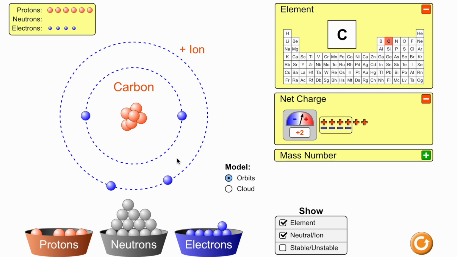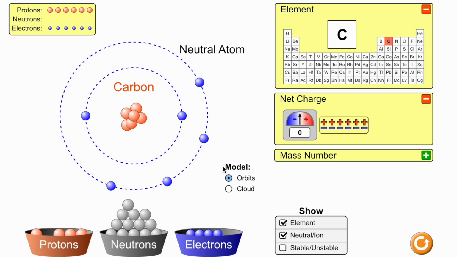So in order to get it neutral, I'm going to go ahead and add my additional electrons to make it 6. So now I have a neutral atom, which is what we're going to be working with when we talk about organic chemistry. A carbon atom has 6 protons in its nucleus and has 6 electrons around the outside. 2 of these electrons are in the first energy level, and 4 of the electrons are in the second energy level.